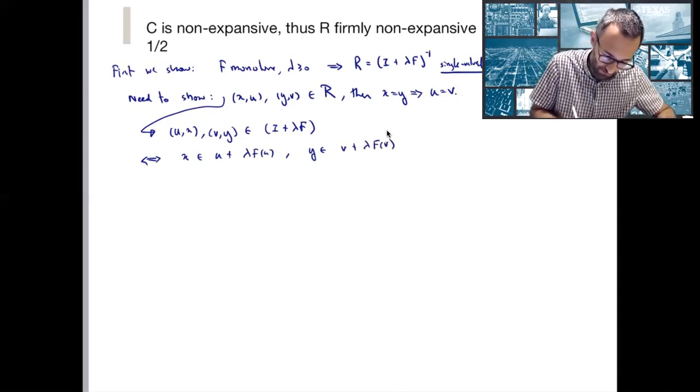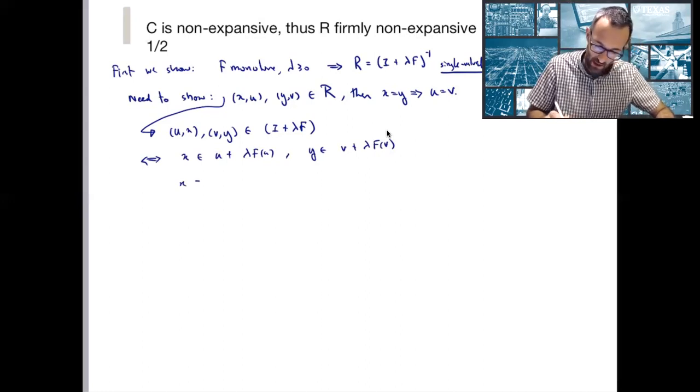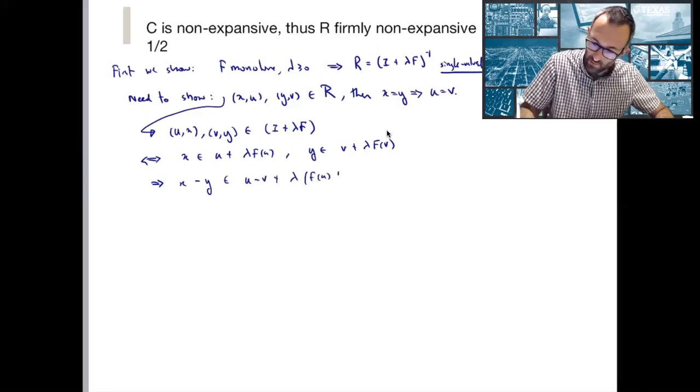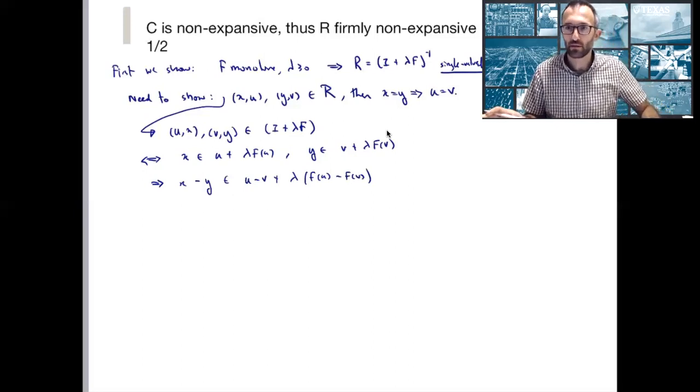What I'm going to do is subtract these from each other. X minus y is an element of u minus v plus lambda times (f of u minus f of v). Everything here we've defined. We've defined what a scalar multiple of a relation is, and what addition and therefore subtraction of these relations are.